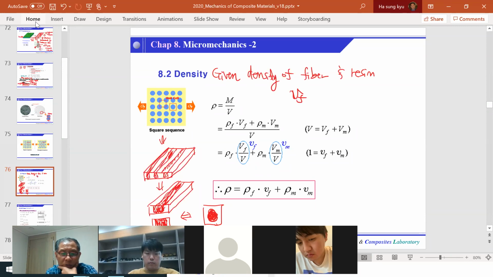Now to calculate the density of a composite, the same thing applies.